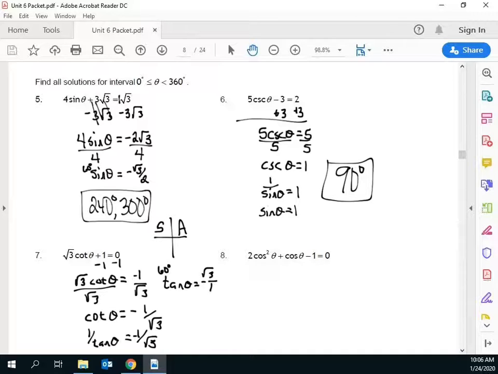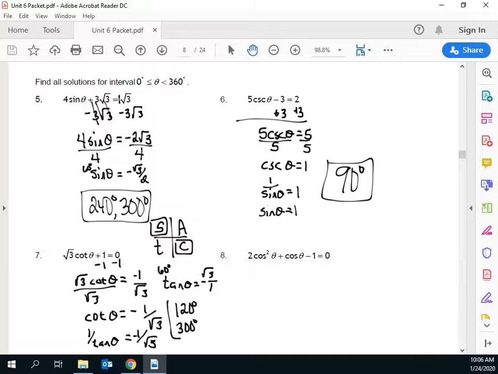Sine's the only one that's positive in the second. Tangent's only positive in the third, so that's not it. And then finally, cosine's the only one in the fourth, so it's going to be second and fourth. So let's put 60 degrees in the second quadrant. What is that? 120. Finish up with 60 degrees in the fourth quadrant.